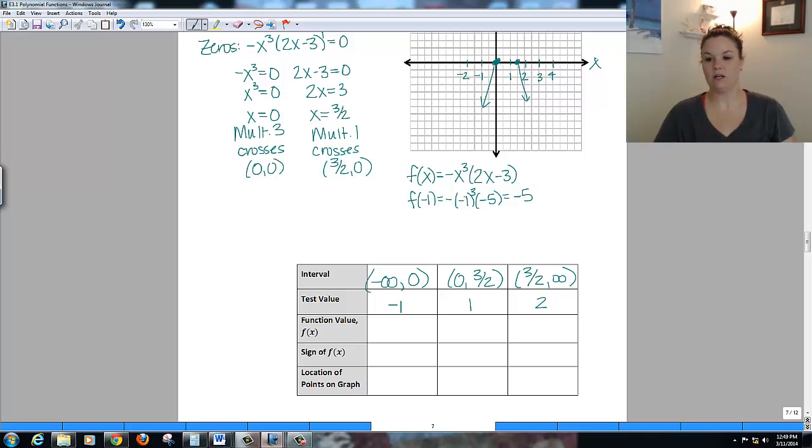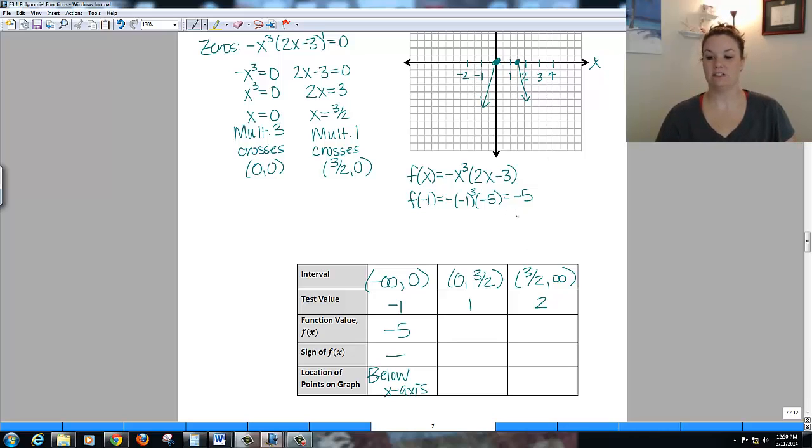Because my -1 cubed stays negative, then the negative outside of that makes it positive, times -5 gives me -5. Which means this is a negative interval, which means that the points are all going to be below the x-axis. Which we knew, because we drew the little arrow there to the left of 0, which we know it's going down because of our end behavior test.